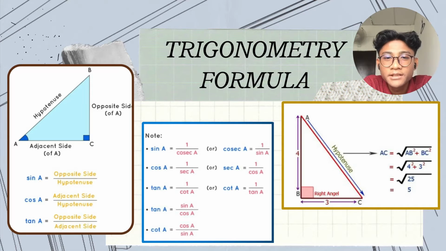So AB change to 4 and BC change to 3. So square root 4 square plus 3 square. We plus it to get 25. And then square root 25, we calculate it to get 5 as the last answer.